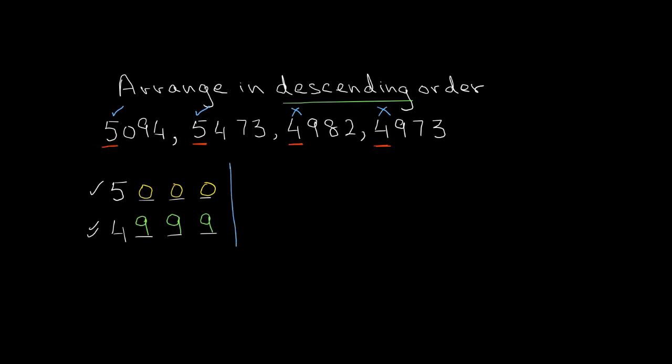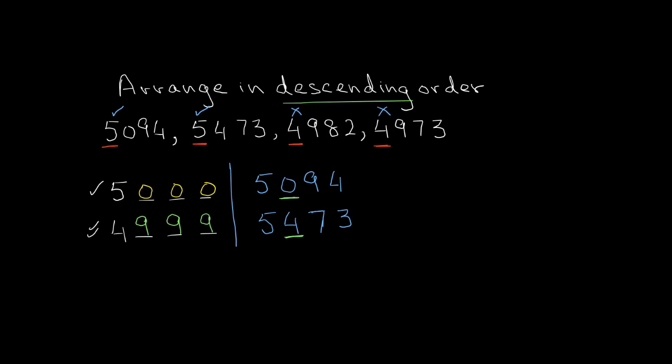So now let's start to think about them, okay? So now we know that they have the same thousands, so let me write down the numbers again, which is 5,094 and 5,473. Now please note that they have the same number of thousands, so now let me compare the hundreds place. If I compare the hundreds place, there are no hundreds in the top one, but there are 4 hundreds in the bottom one.